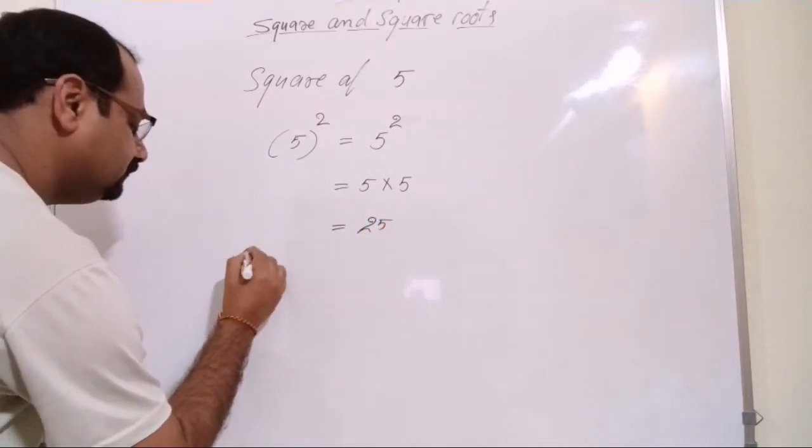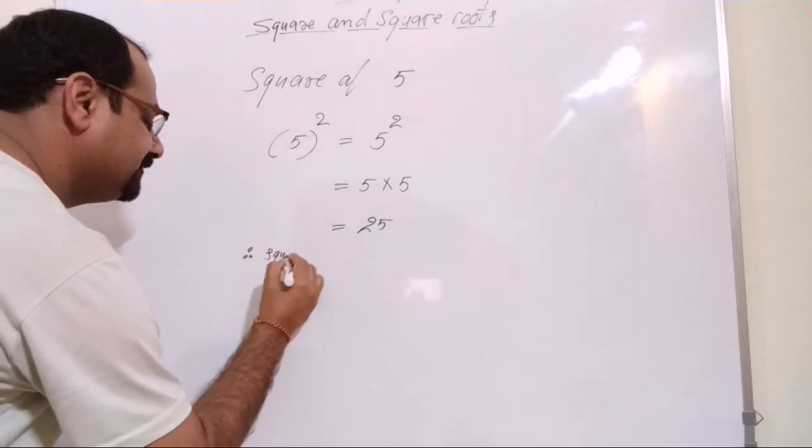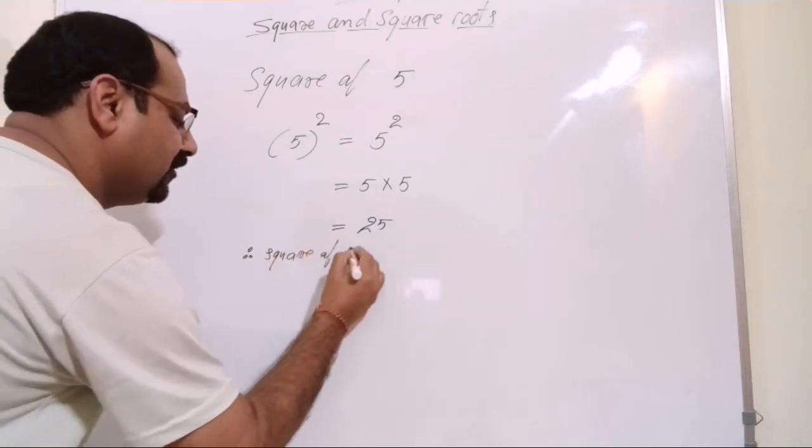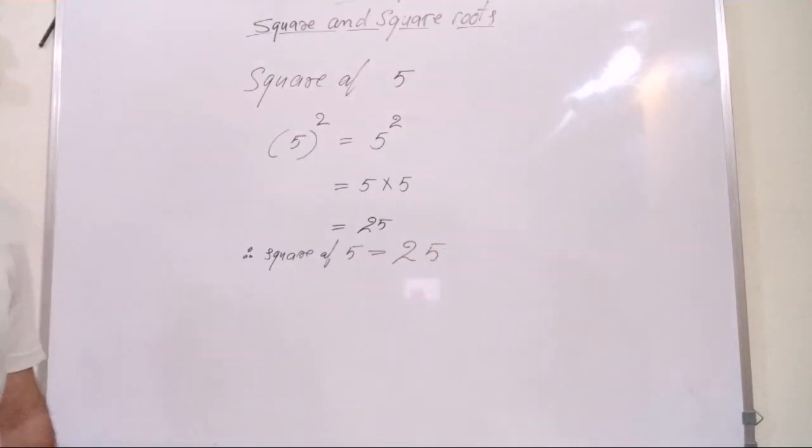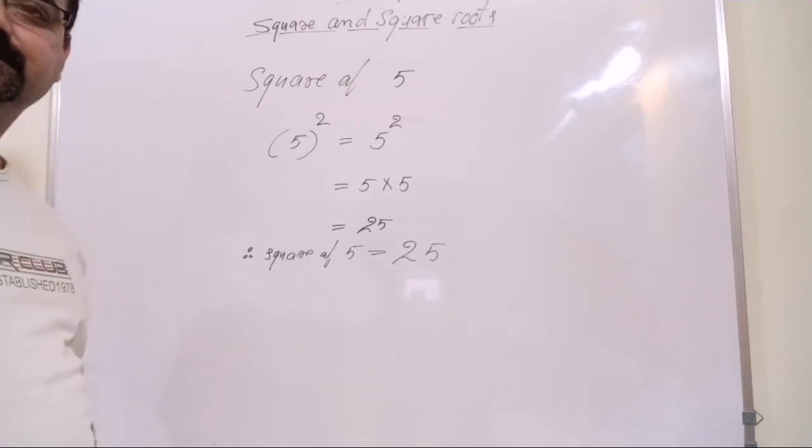Therefore the square of 5 is equal to 25. So beta, this is one simple example.